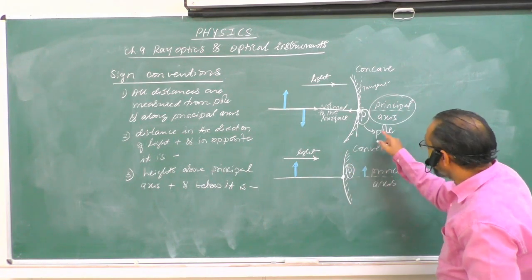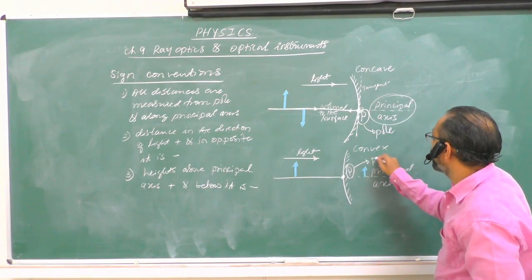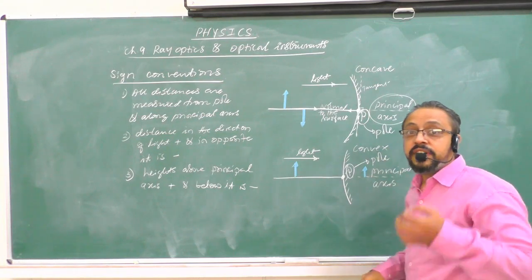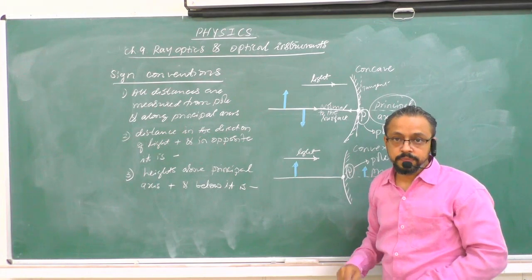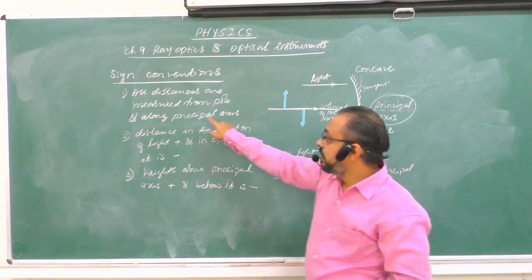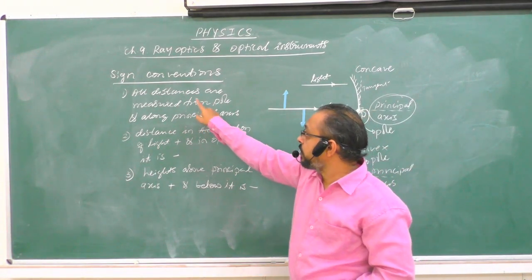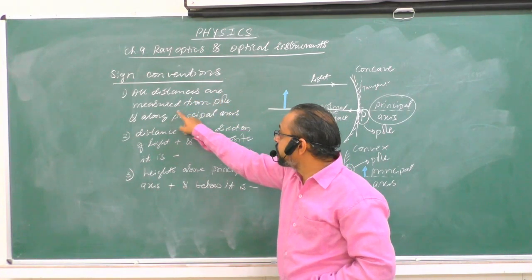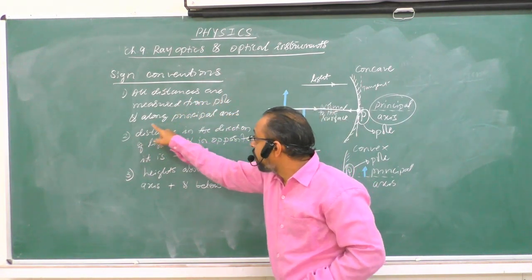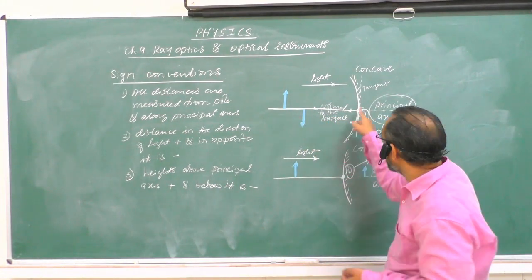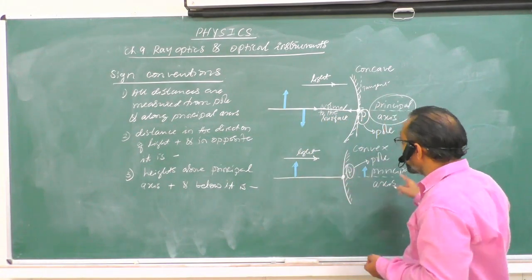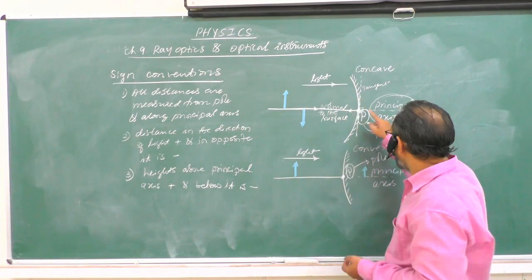The letter P is pole. This is the reference point for all my measurements of distances. So this is what you are seeing here in the first point. All distances are measured from pole and along principal axis, whether it is on the left side or right side.